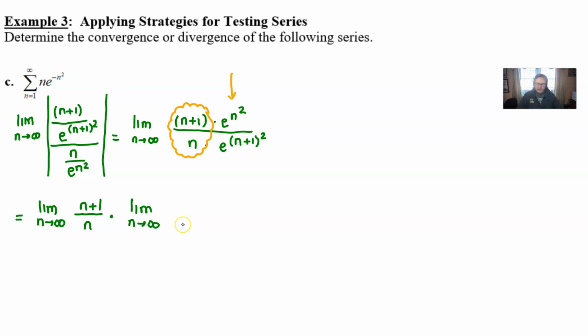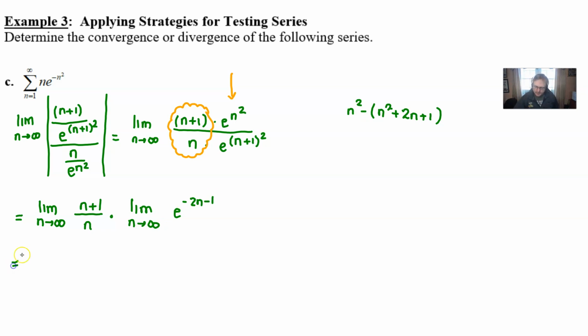Now, because we are dividing like bases of e, we can subtract these exponents. As I do that, I'm going to work off to the side and expand that n plus 1 quantity squared, so that when I subtract those exponents, it's clear that I would get negative 2n minus 1.